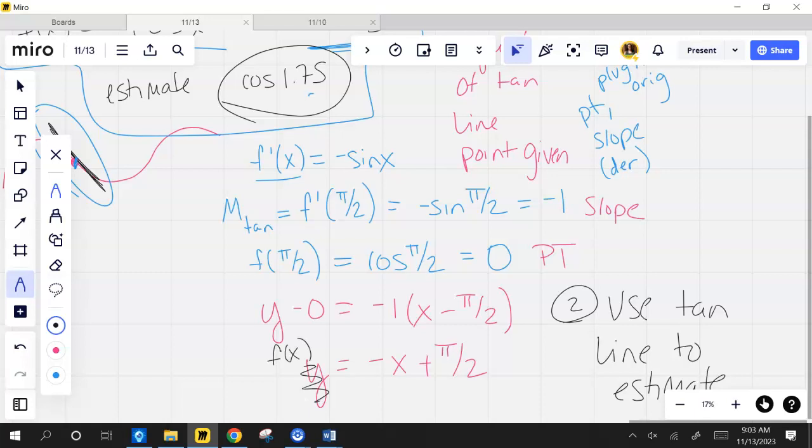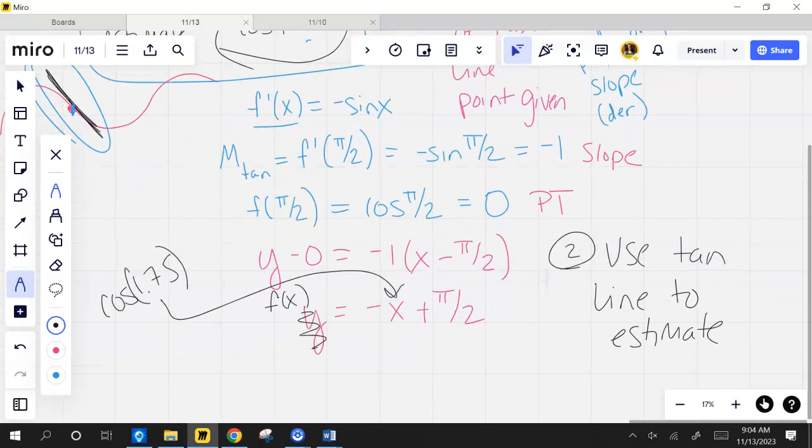They're asking me for cosine 1.75. So I'm literally plugging 1.75 in for my x here, because my original function was cosine x. In your new equation, yes.